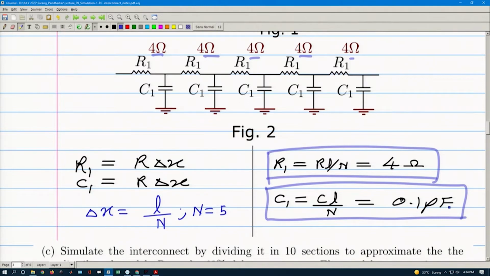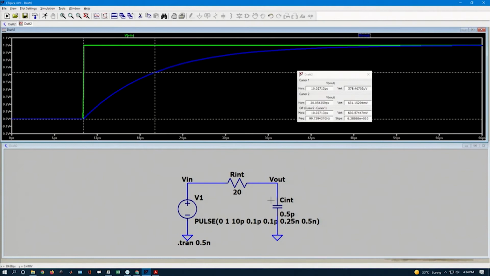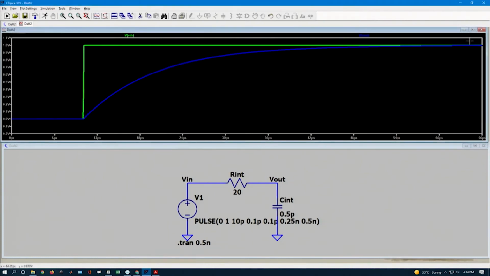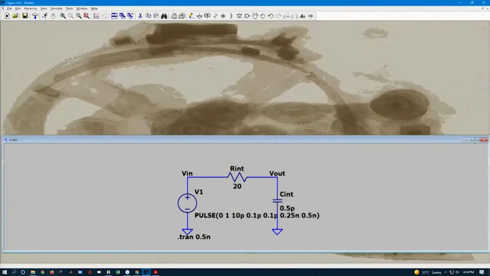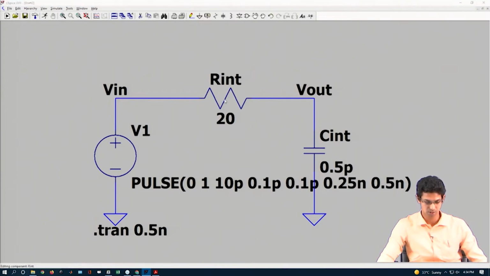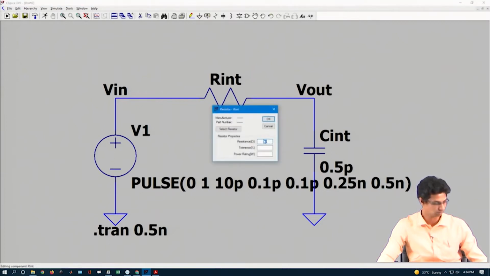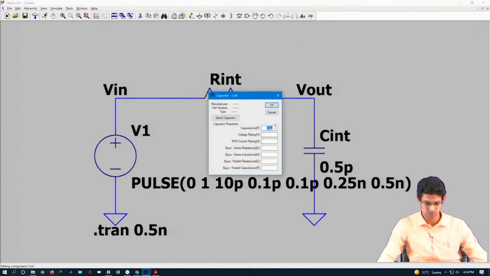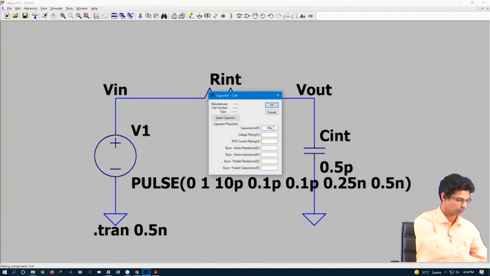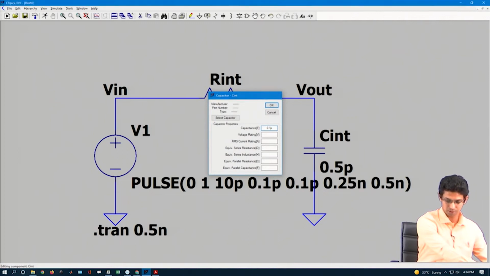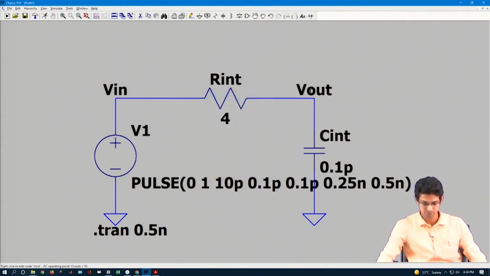Now, if you want to simulate this, you can either create a new file or you can go here and change the value to 4, and then this to 0.5, sorry, 0.1.